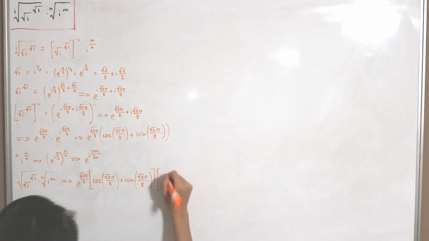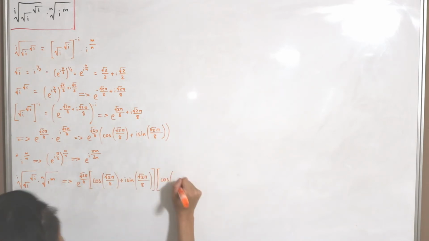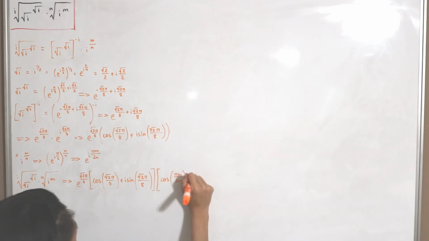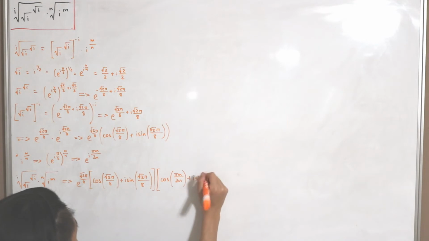So I'll just write it out in its polar form. So it's cosine of pi m divided by 2n, then plus i times sine of pi m divided by 2n.